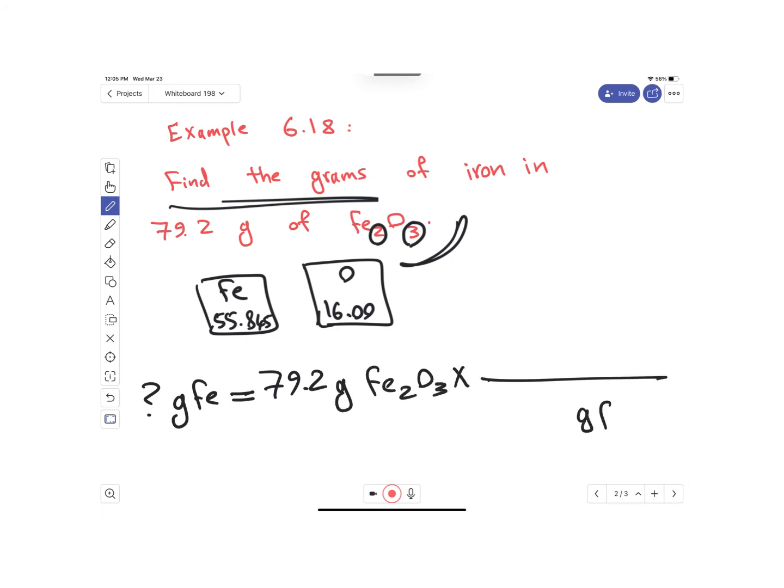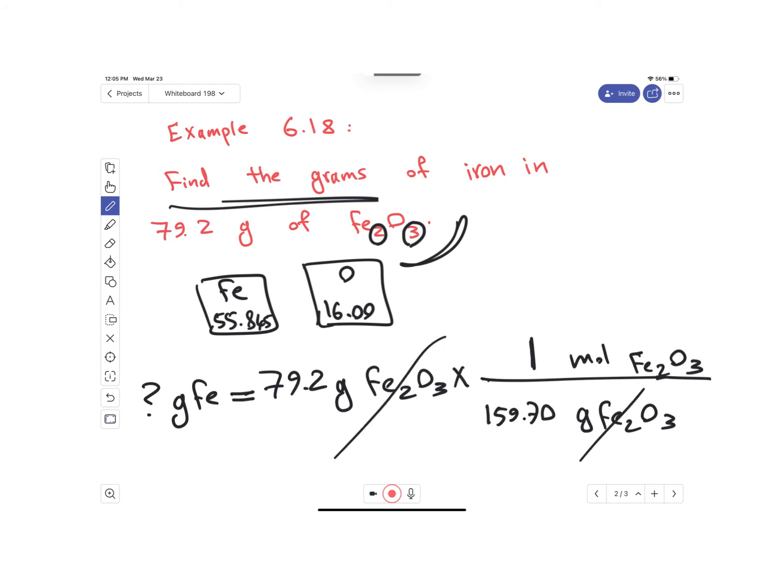And then you convert grams to moles of Fe2O3 with the help of molar mass, right? You say 1 mole of Fe2O3 has that much, which is like 159.70 when you do the calculation, right?